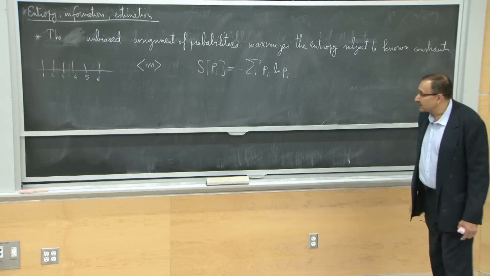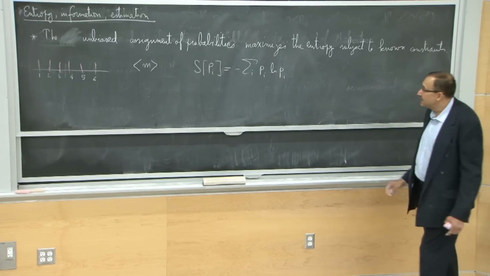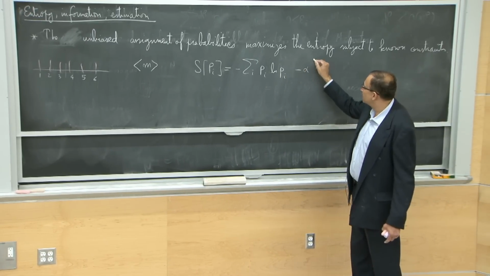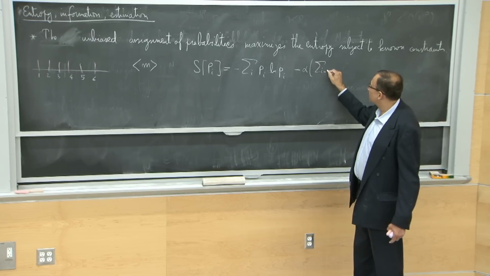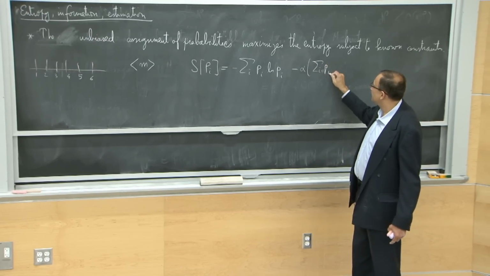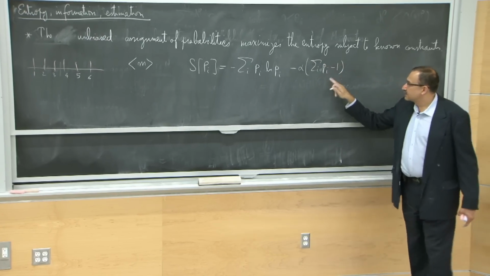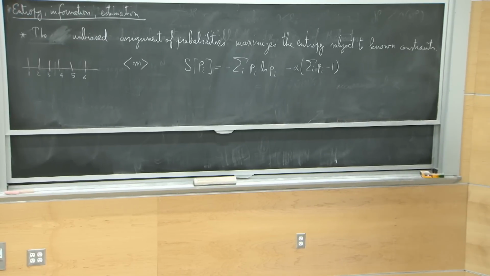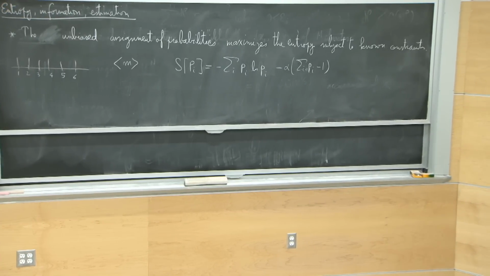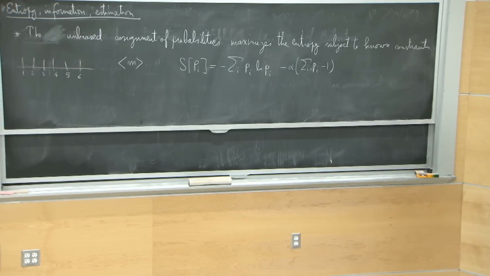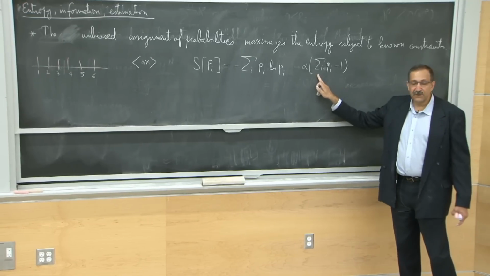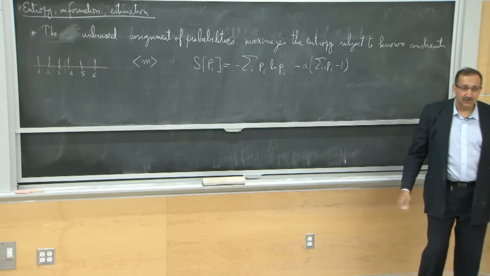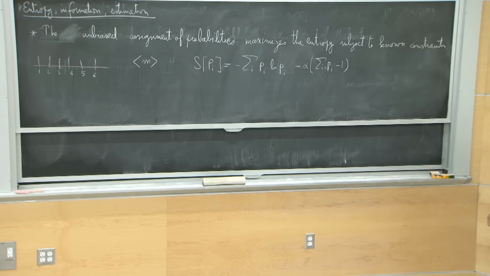Now, one constraint we already used previously is that the sum of the probabilities is equal to 1. This I introduce here through a Lagrange multiplier, alpha, which I will adjust later to make sure that this holds.